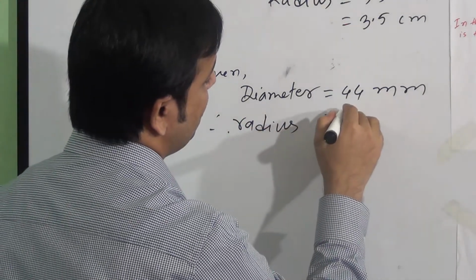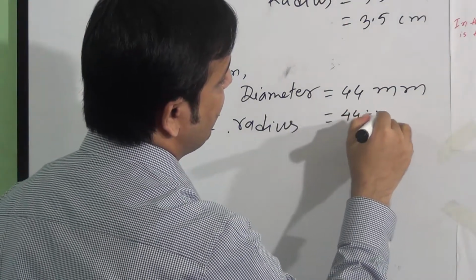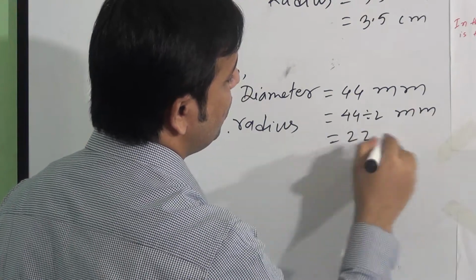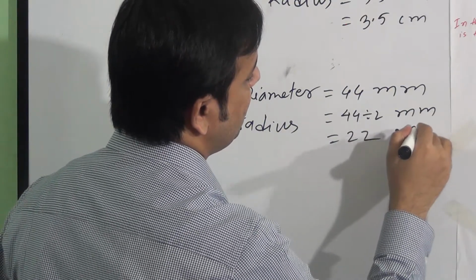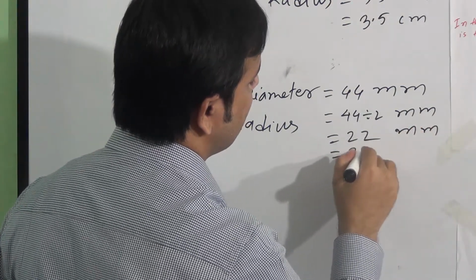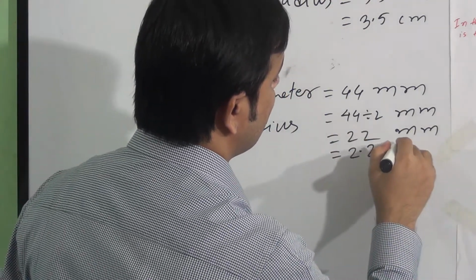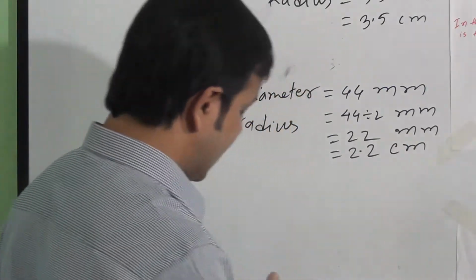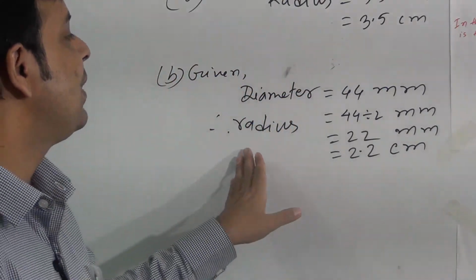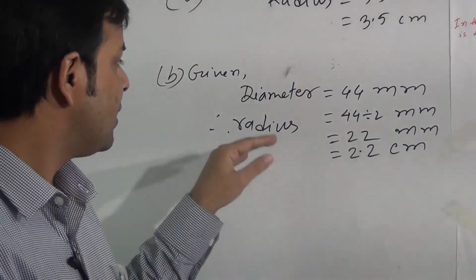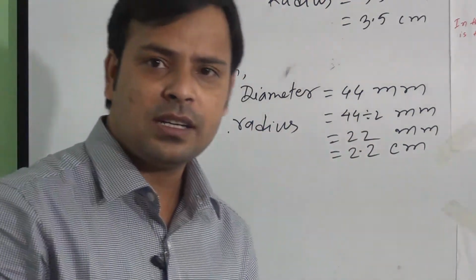Radius equal to 44 divided by 2 millimeter. This means 22 millimeter. If we convert this into centimeter, this will be 2.2 centimeter. Okay, dear students, when the diameter is given, we have to remember that at first we have to convert the diameter into radius, then we can draw the circle.